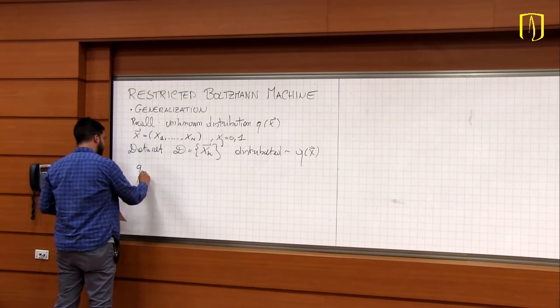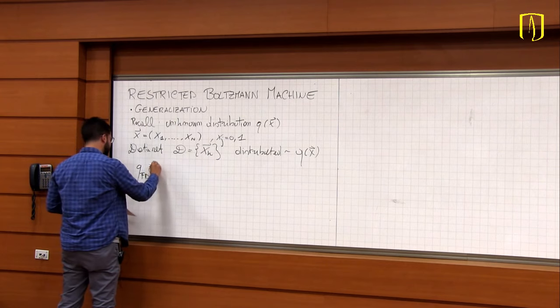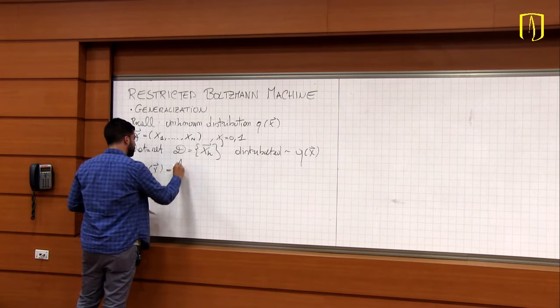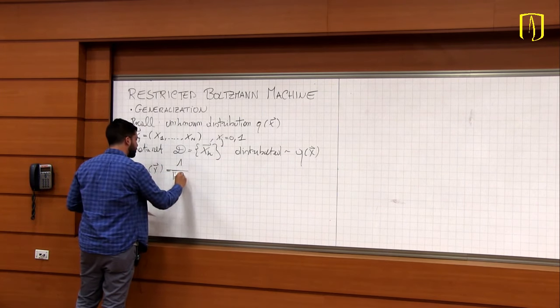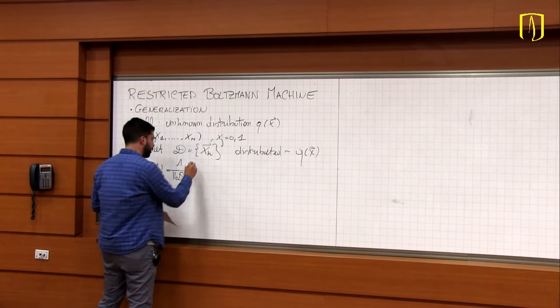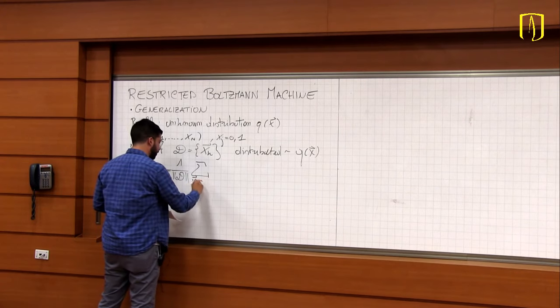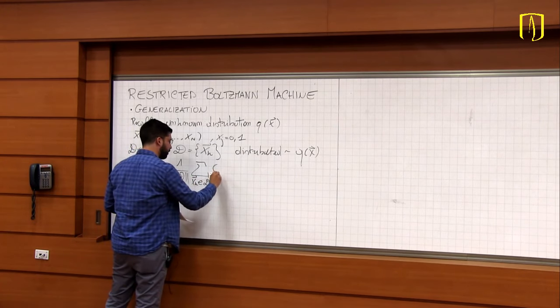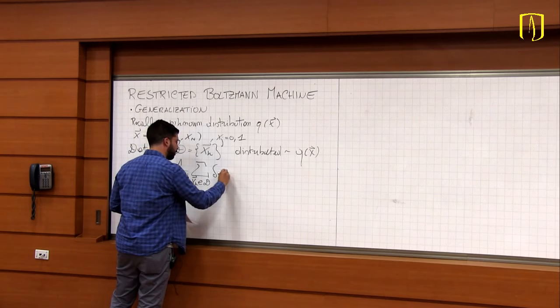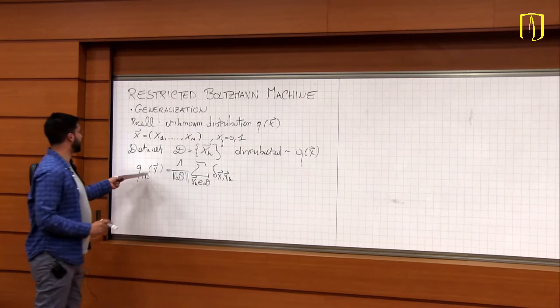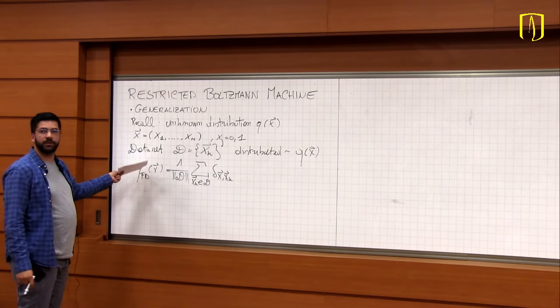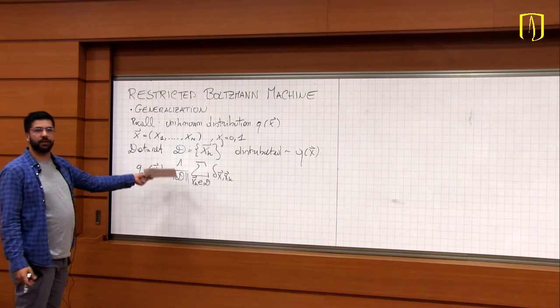Let's call this frequency distribution of X, and this is 1 divided by the size of the data set, times the counts. This tells you the probability of observing one specific X given the data set.